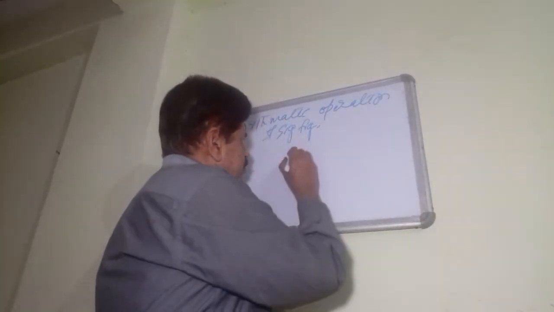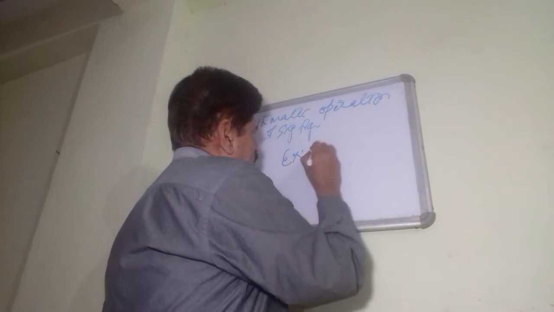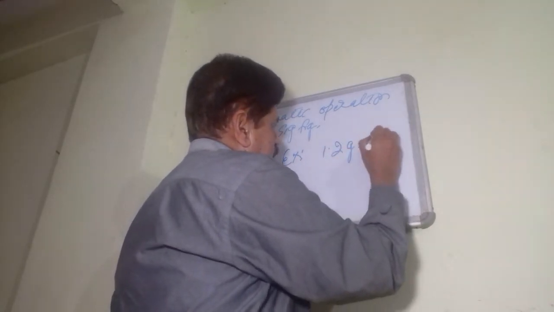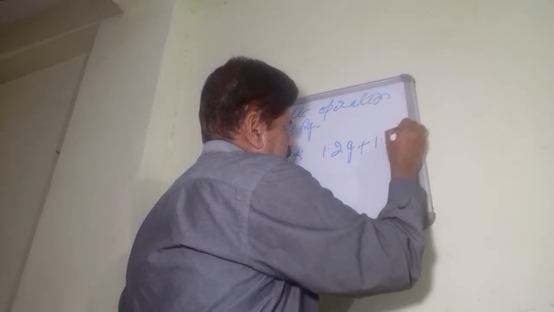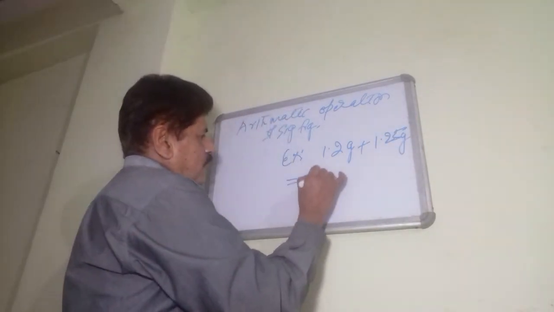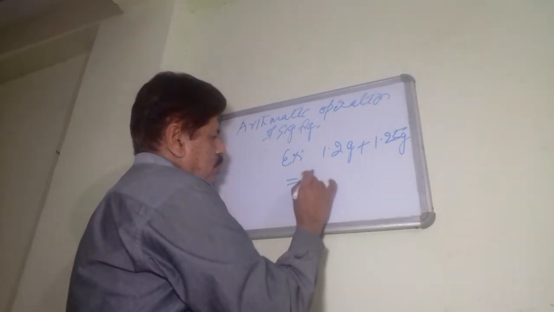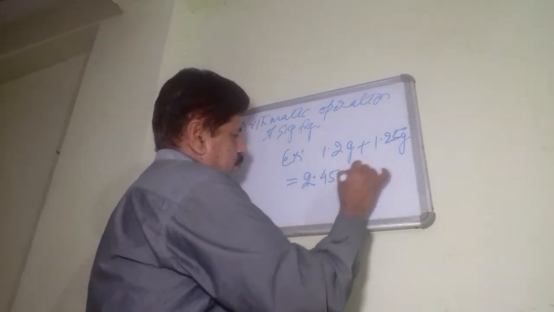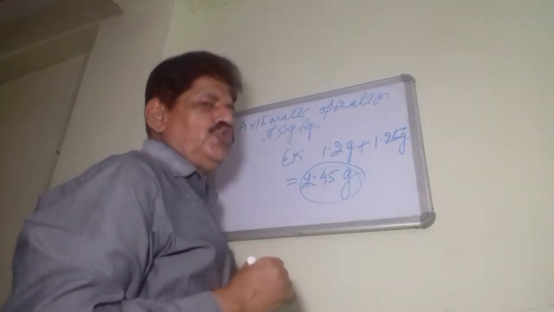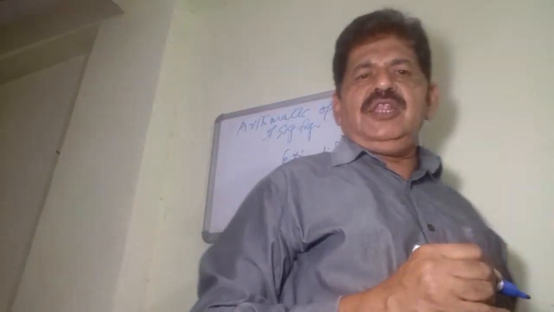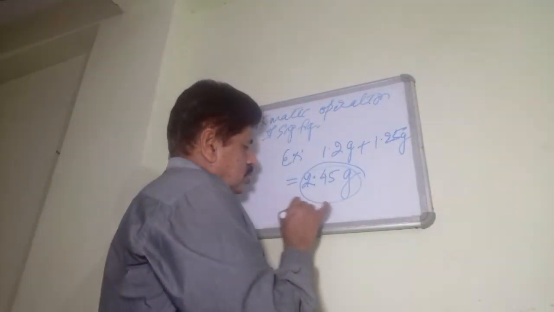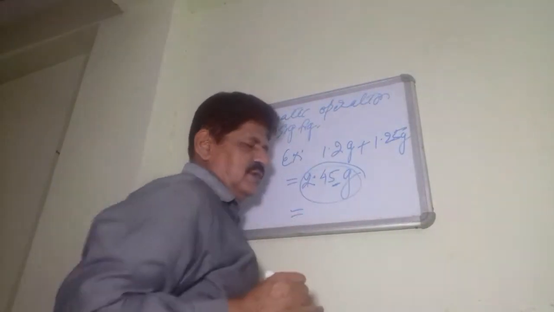For example, if we add 1.2 gram plus 1.25 gram, so what is the result? 2.45 gram. Your answer should be in the minimum number of significant figures. This is the rule. So round off this one.